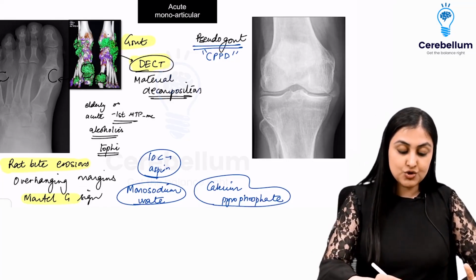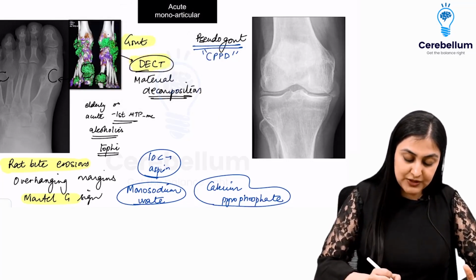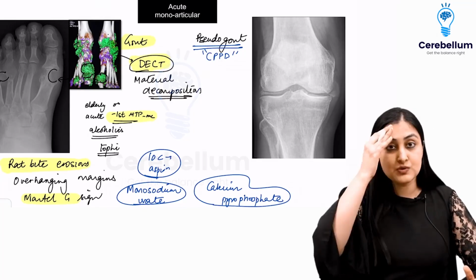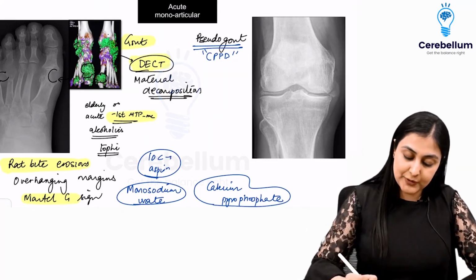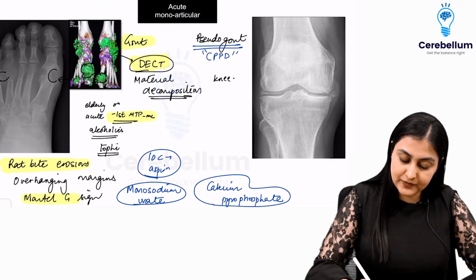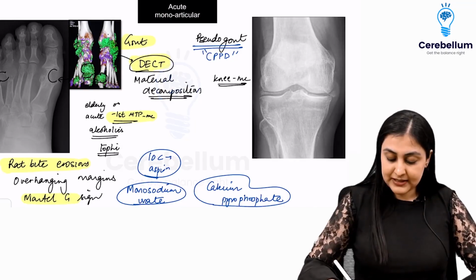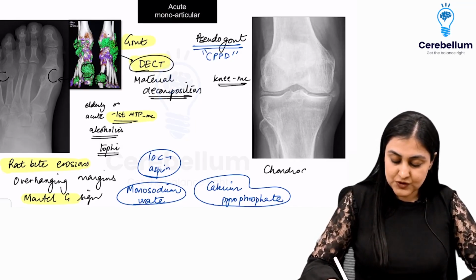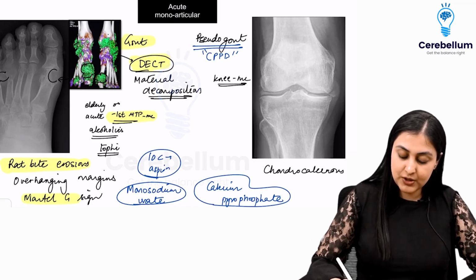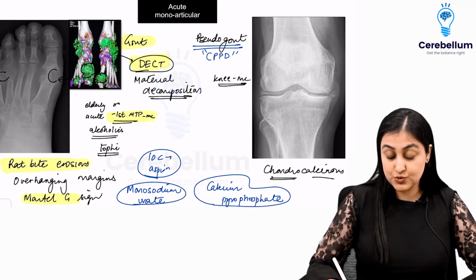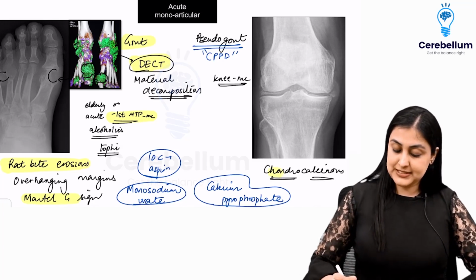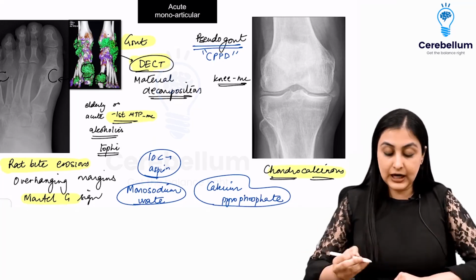Secondly, they differ in the joints which are affected. Here we saw the first MTP is most common, whereas for pseudo gout it's going to be the knee joint. What you see in CPPD is chondrocalcinosis. What is chondrocalcinosis? Chondro meaning cartilage, calcinosis meaning calcification. So there's calcification of the different cartilages.